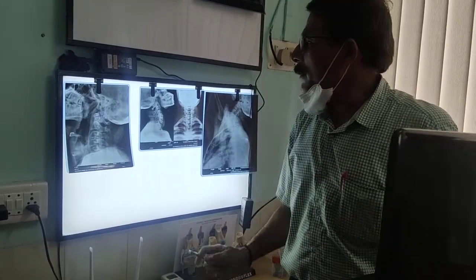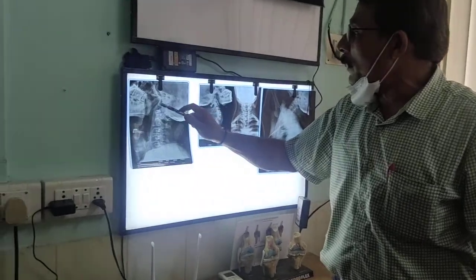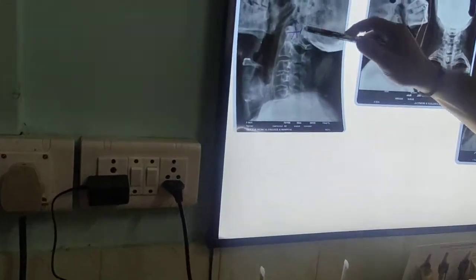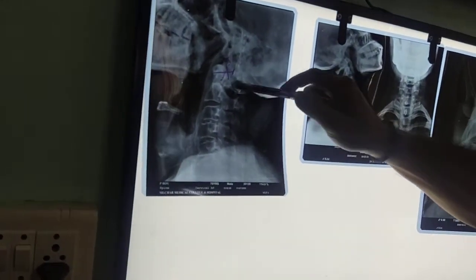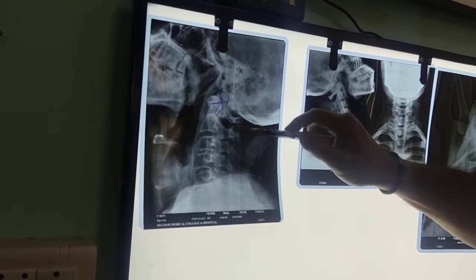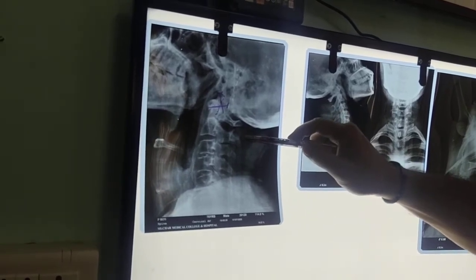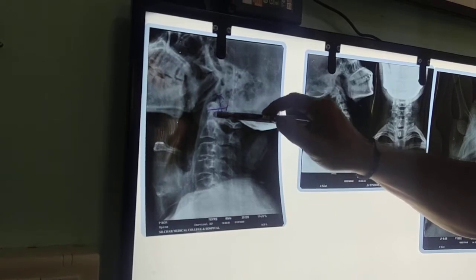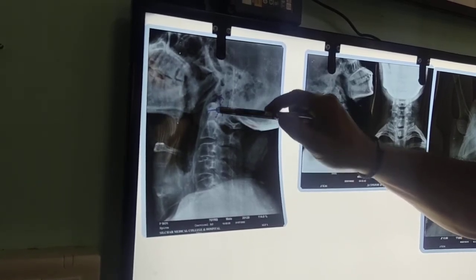So see, this area is the craniocervical junction, where you have the occiput here. This area is C1. This is your C2, which is more prominent. In this area, this is your odontoid process.